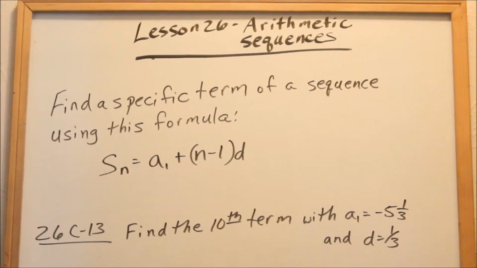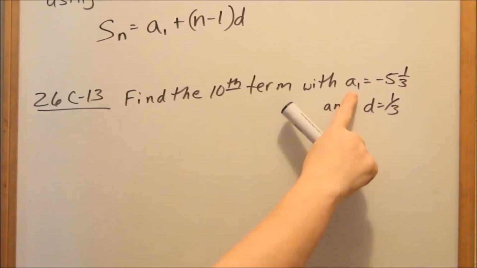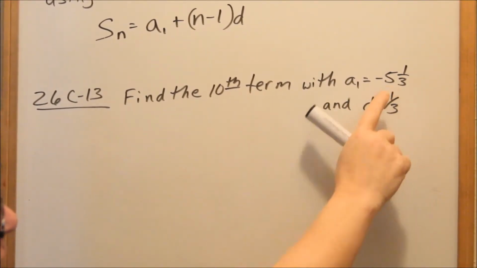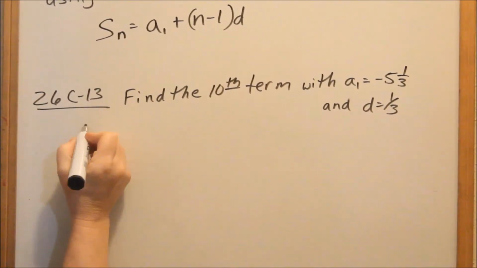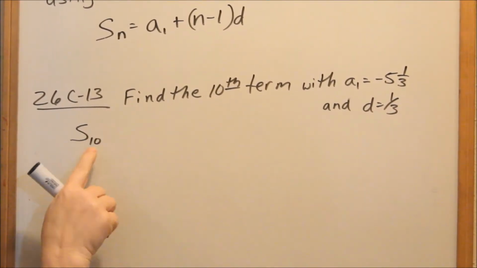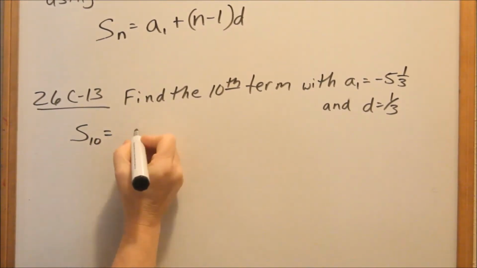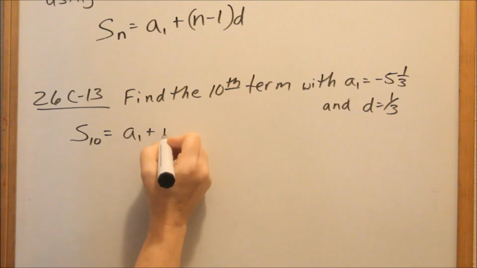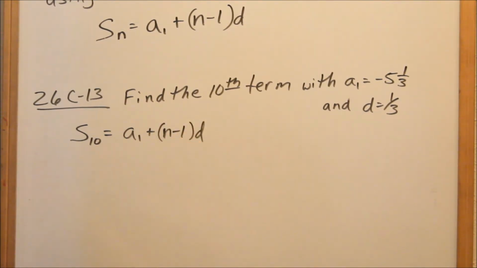So again, looking at 26C13, we want the 10th term, and we're given that the first term is negative 5 1/3, and the common difference is 1/3. So using this formula, a sub 1 plus n minus 1 times the common difference.